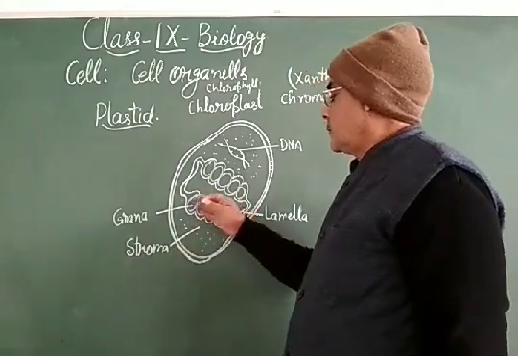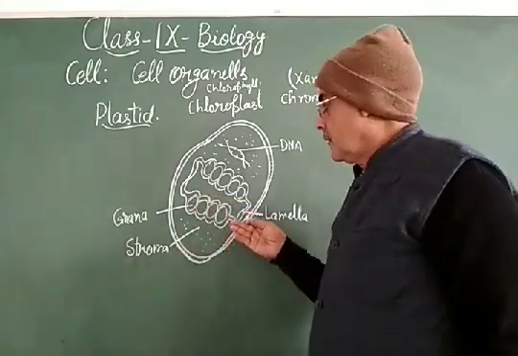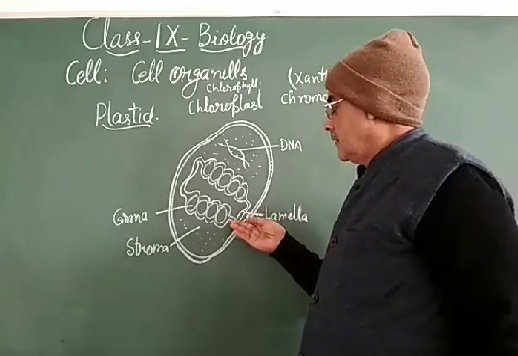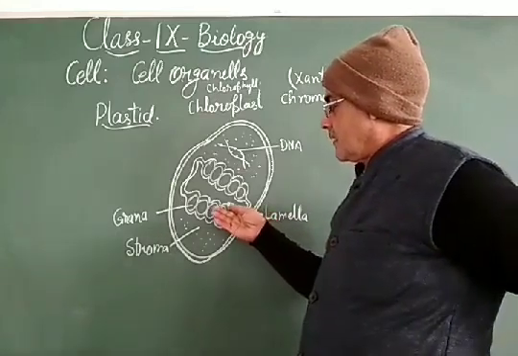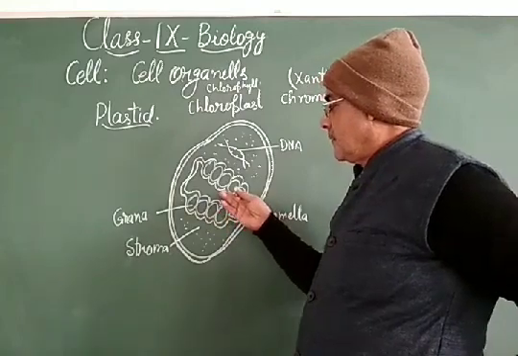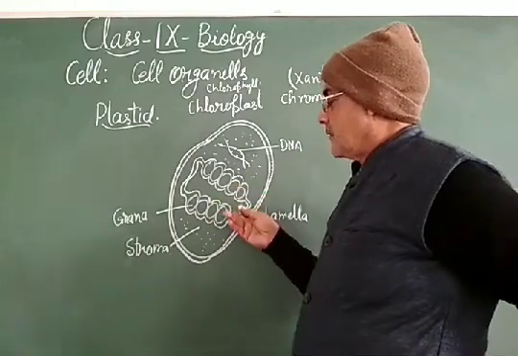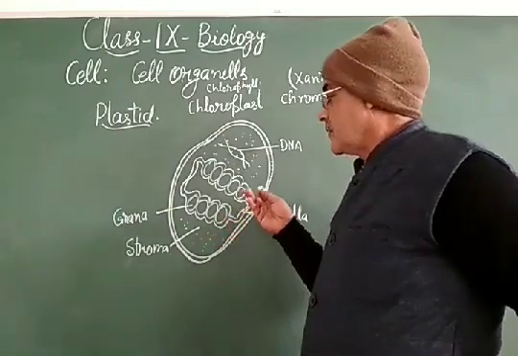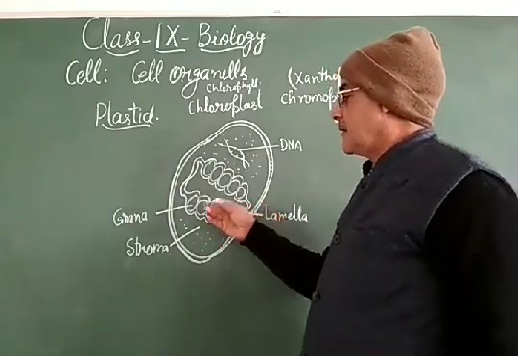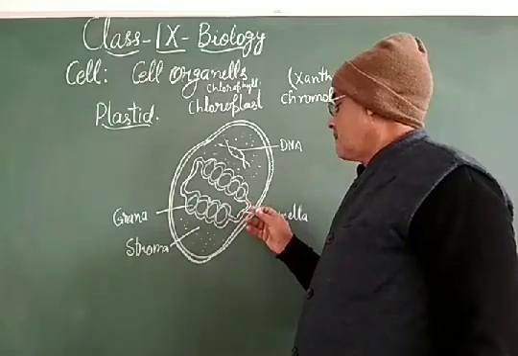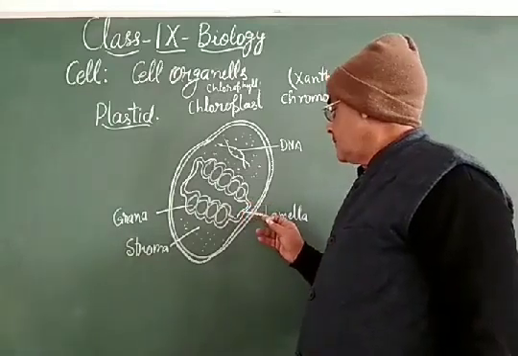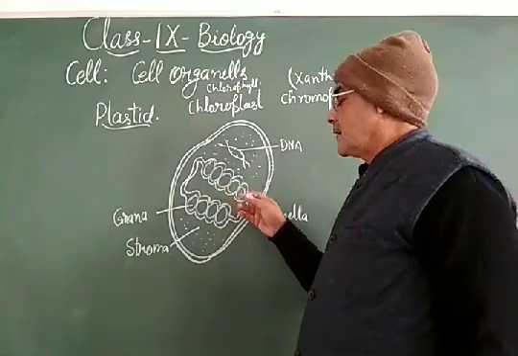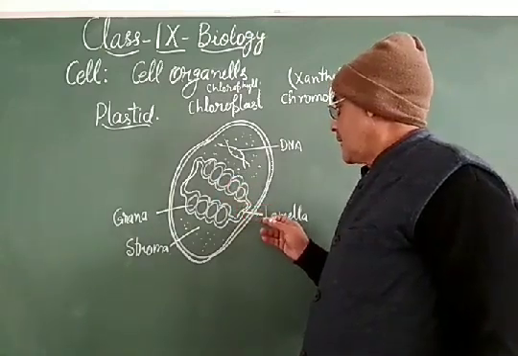In these there are some small chambers, just like photoplates, the photoreceptors, and these are called the grana. These grana get connected with the lamella. The grana is also a double membranous structure, connected with the lamella.